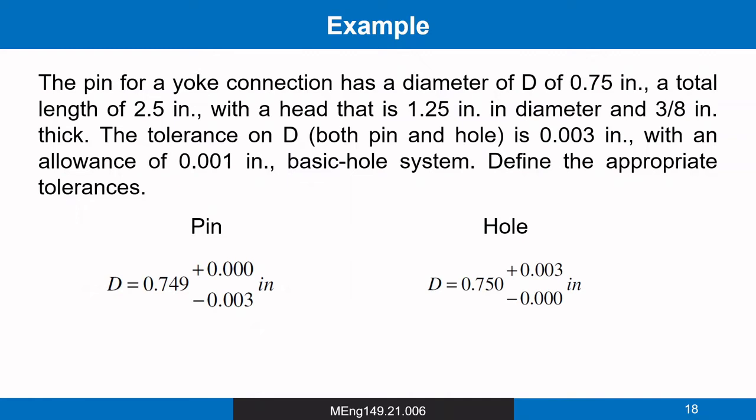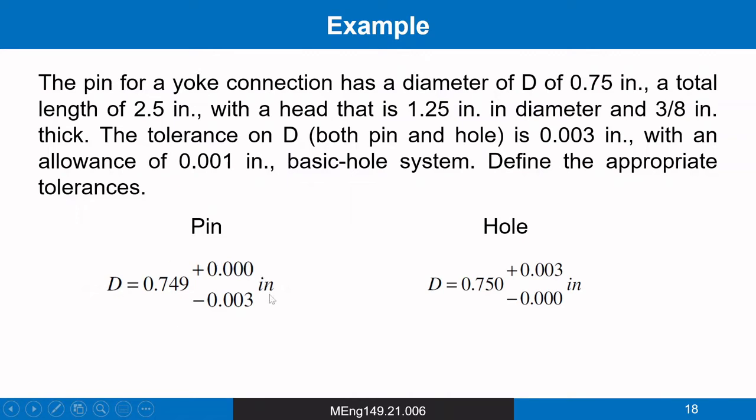Given the 0.749, which is already adjusted for the allowance, by the expression from our unilateral tolerance, since this is only permitted to be smaller only, the upper is plus 0, and the lower is minus 0.003 inches.